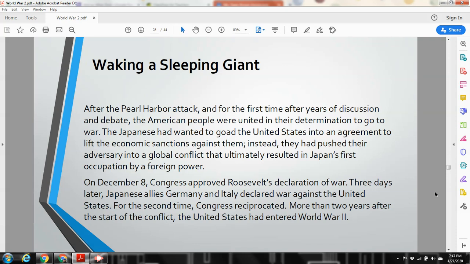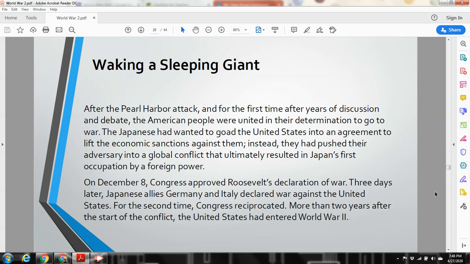The Japanese had wanted to goad, which means to kind of force the United States into an agreement to lift economic sanctions against them because the United States was holding them accountable for something. Instead, they have pushed their adversary into a global conflict that ultimately resulted in Japan's first occupation by a foreign power.